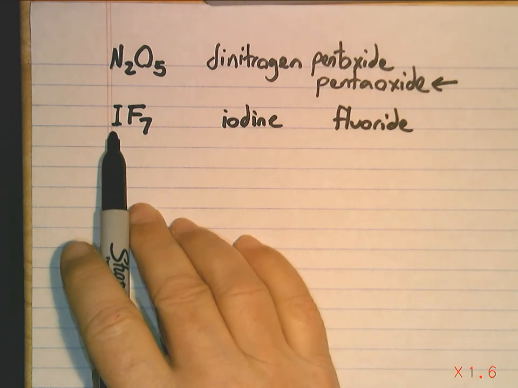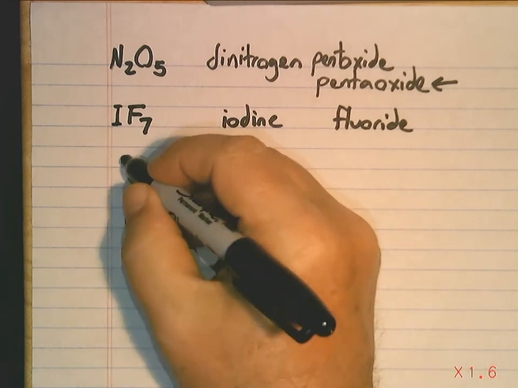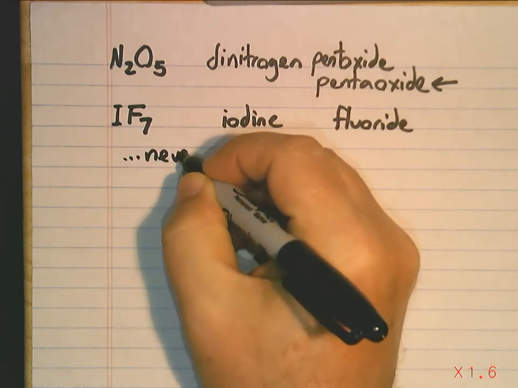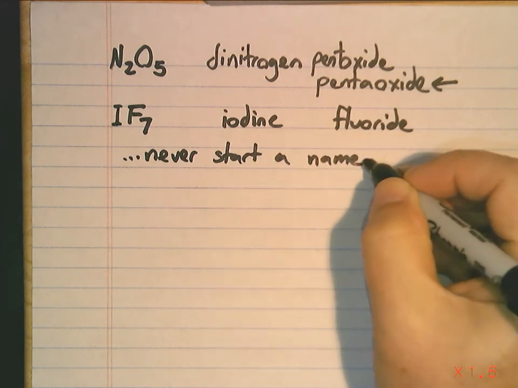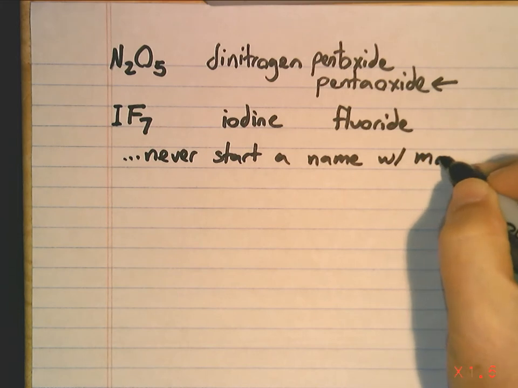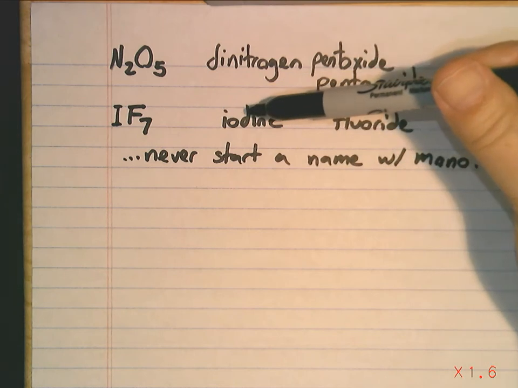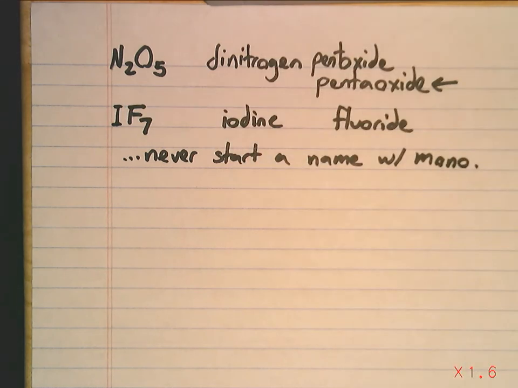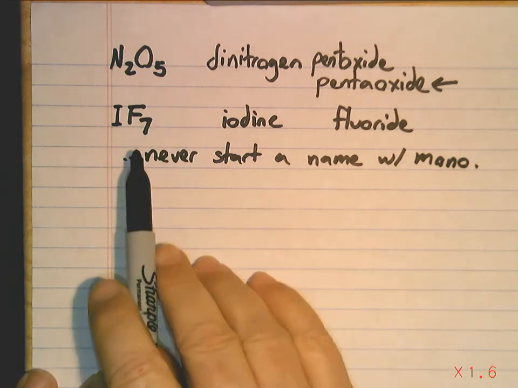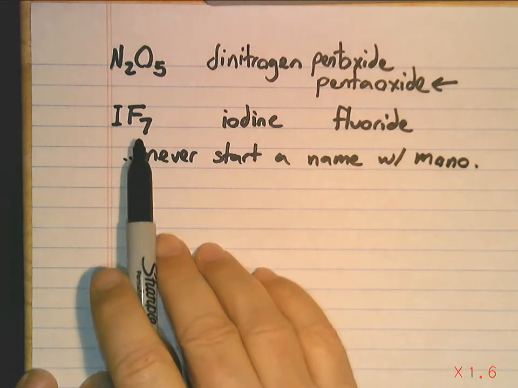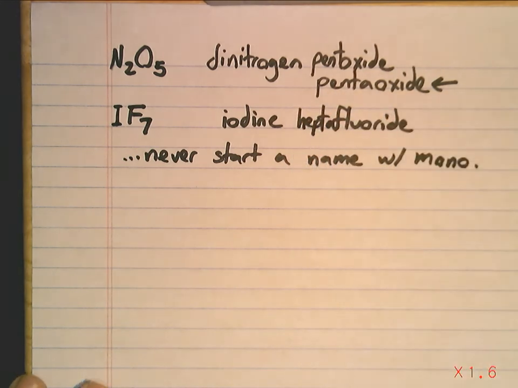Now, I might think I need a mono on the I, because there's one, but you never start a name with mono. So even though I really should be saying monoiodine because there's one iodine, I'm going to leave off the mono in the beginning always. And now the second prefix that I need to add is for the 7. That'll be heptafluoride.